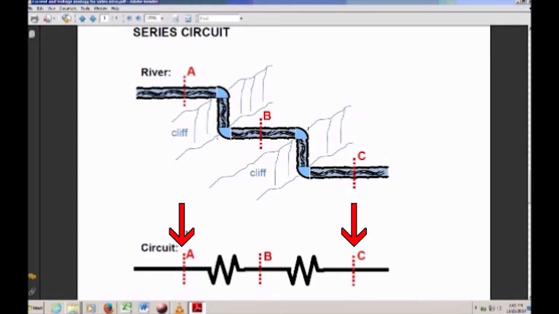What's the voltage across points A and C? It has to be the sum of the voltage drop across this first resistor plus the second resistor. So in series circuits, the total voltage drop is just the sum of all the individual voltage drops. Just like the total altitude drop of this river is just the sum of the two individual altitude drops when it went over the two cliffs.